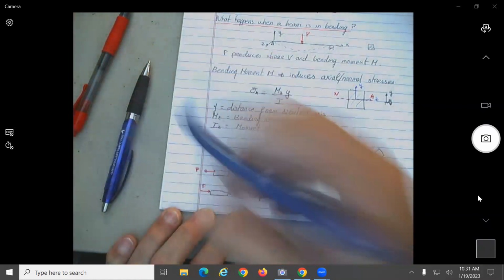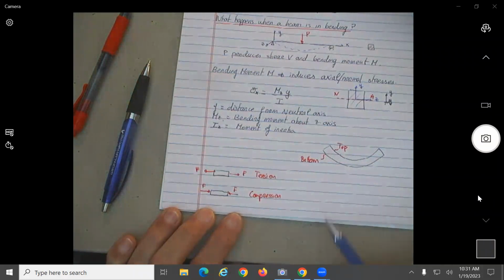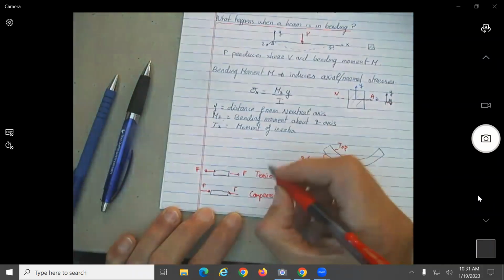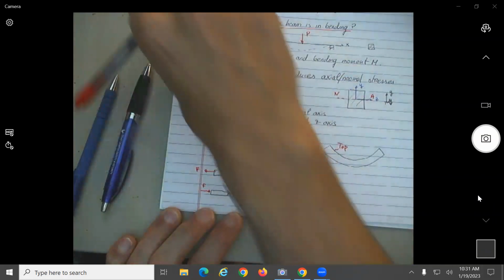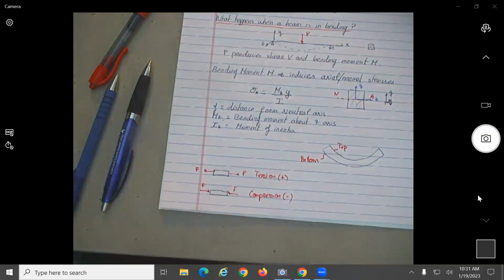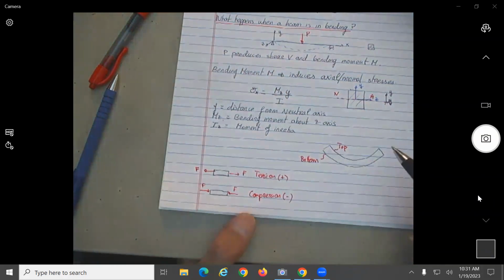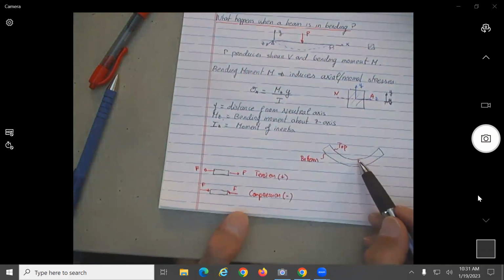Okay, so now that you know this. And Jali, what is the sign convention that we use? Positive for tension, negative for compression, no? Yes? Correct? Okay. So if I look at this beam, what type of stress do you have? Tension or compression here?